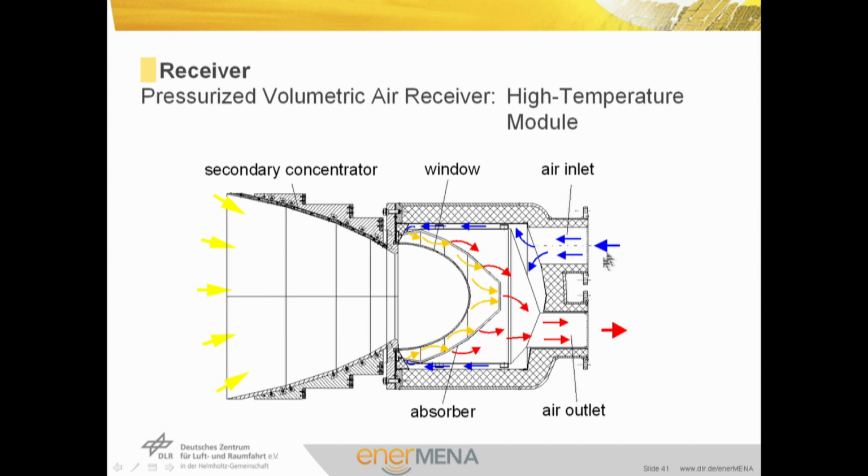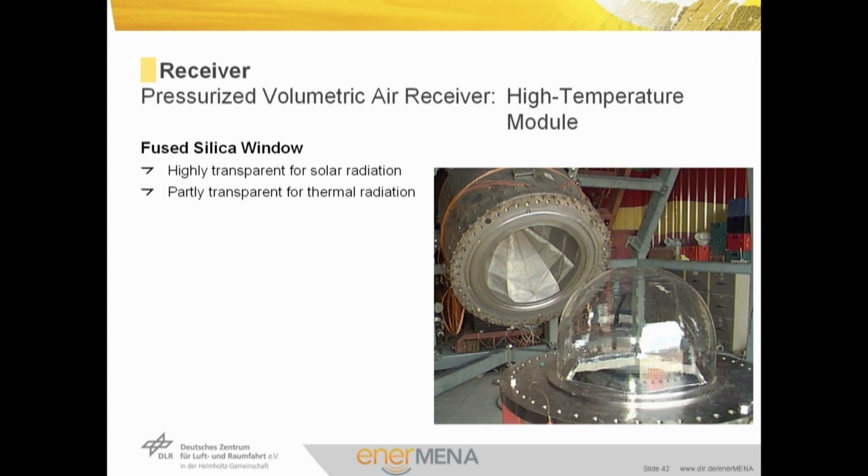Pressurized cold air is coming through the air inlet and is heated while passing the absorber. The window is necessary because the air is pressurized. Here you see this quartz glass window mounted on a metallic flange. And in the back you see the pressure vessel and the volumetric absorber structure.